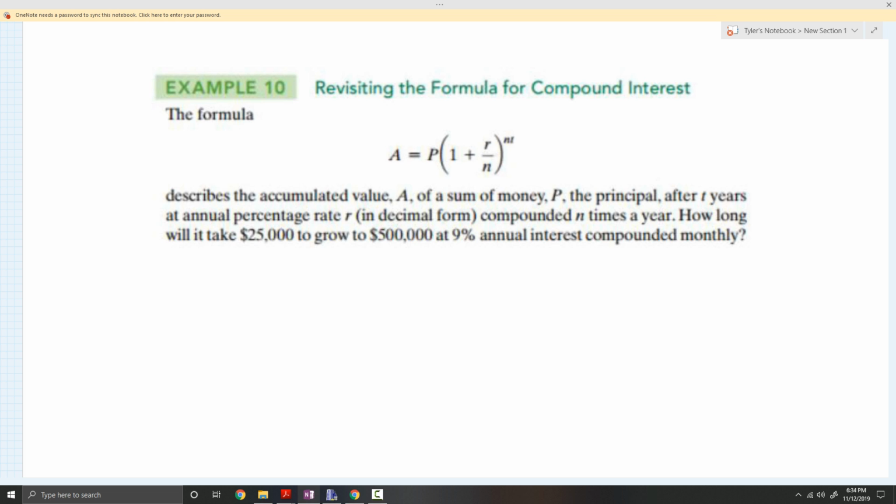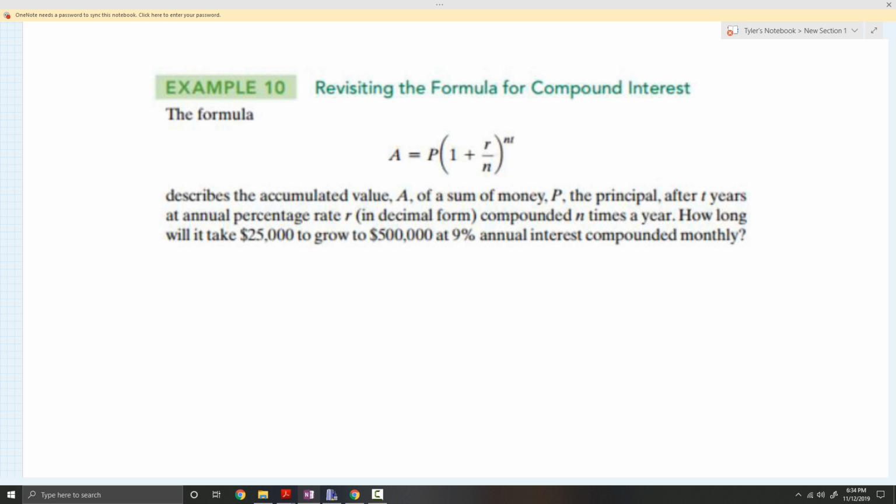So we're given the formula for compound interest, and we define all the variables, which we already know. We've used it before. We're saying, how long will it take $25,000 to grow to $500,000 if you have a 9% annual interest compounded monthly? So we have this account.